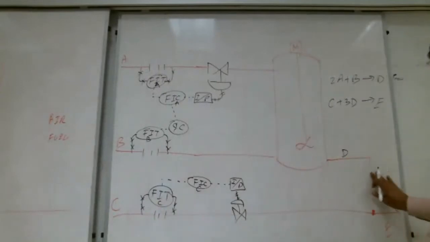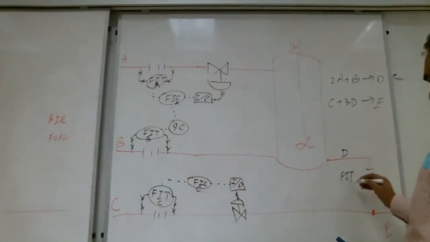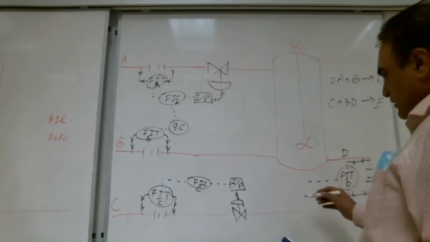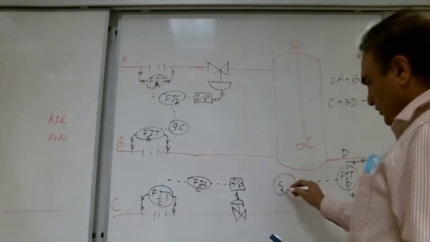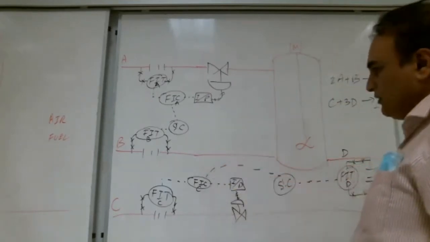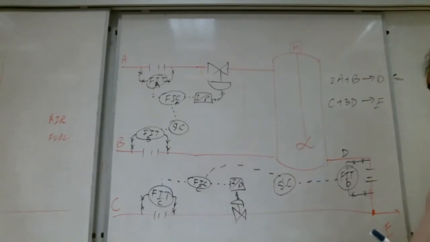For the D line, we put here flow indicator transmitter D. We bring the signal here. We put a signal calculator here. Output of this signal calculator we take to this controller. Right, Shabab? Everybody with me? Yes, with you, teacher.